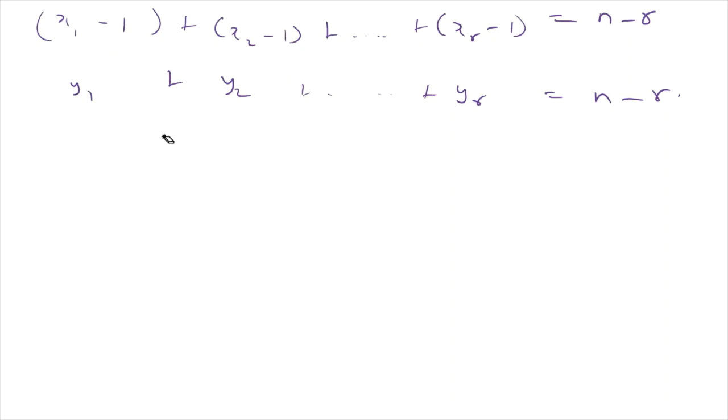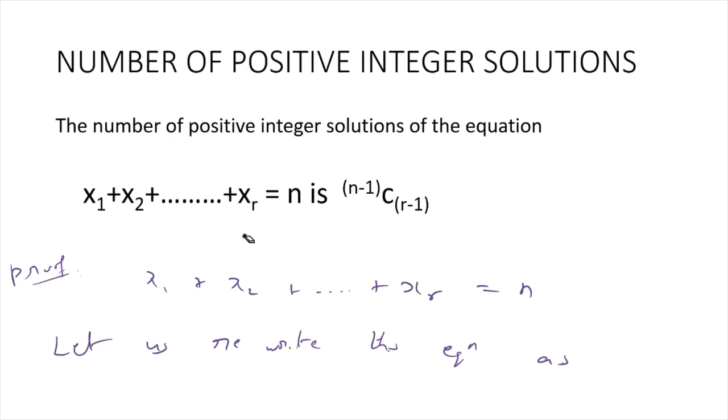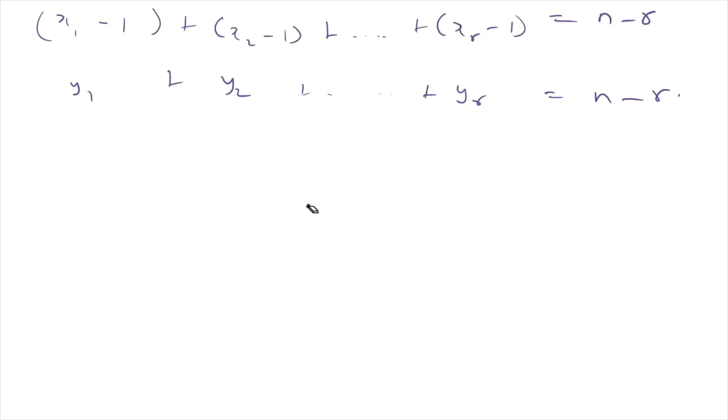Now we have to find the number of positive solutions for this equation x1 plus x2 so on up to xr is equal to n. The number of positive solutions of the equation x1 plus x2 so on up to xr is equal to n is same as the number of non-negative solutions of this one: the number of non-negative solutions of y1 plus y2 plus so on up to yr is equal to n minus r. So let me write down the statement.